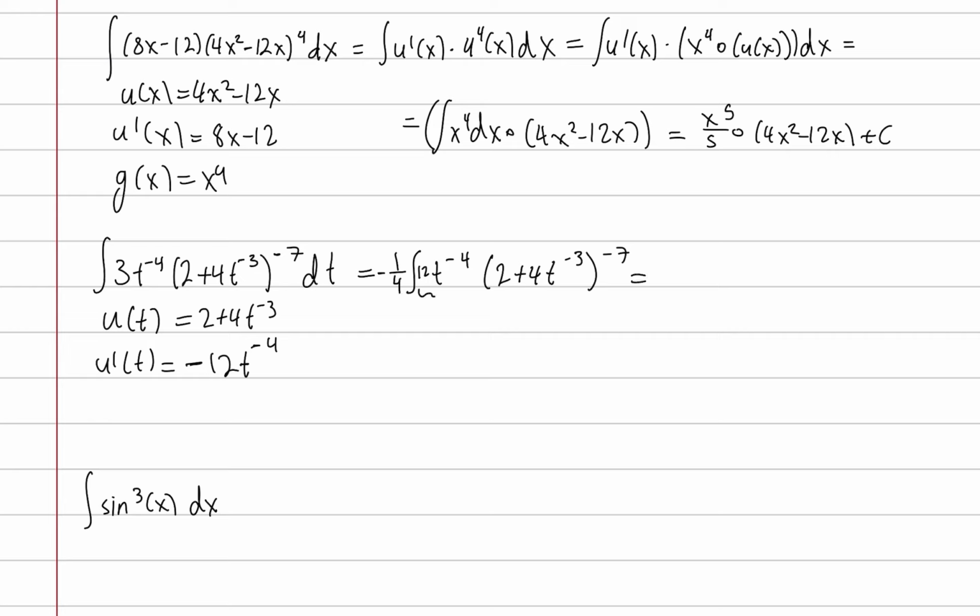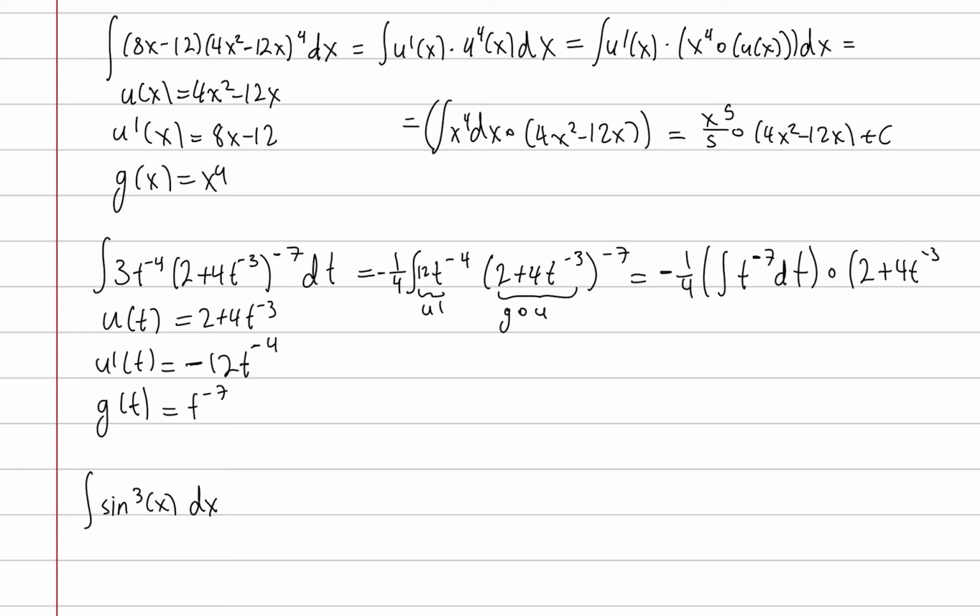And now you should notice we have our u prime and we have our g of u. Choosing g of t to be equal to t to the -7, we get -1/4 of the antiderivative of t to the -7 dt composed with our inner function u, which we chose up here.